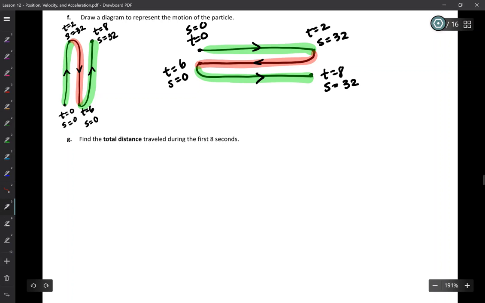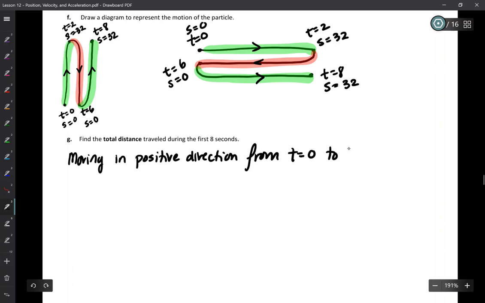So we're moving in the positive direction from t equals 0 to t equals 2 seconds.